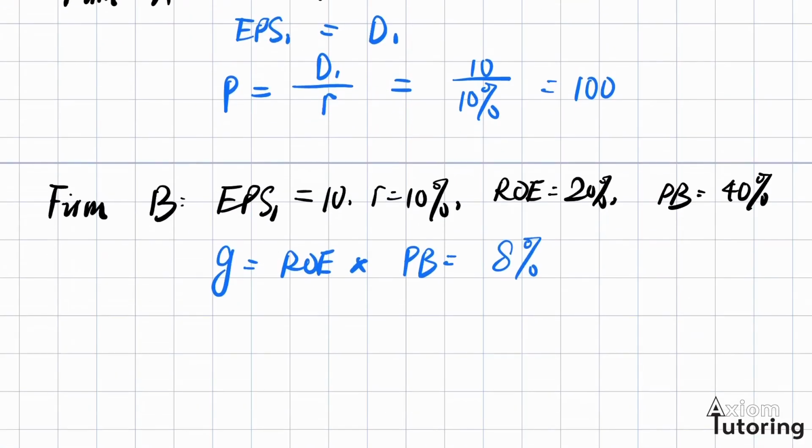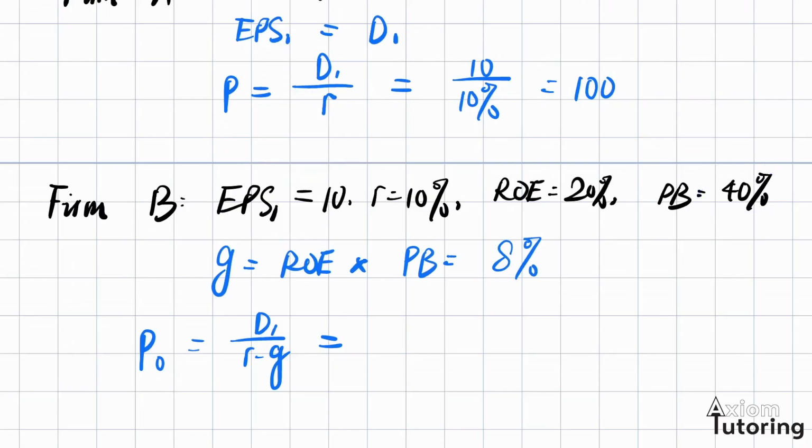Let's put a price on this firm. The price is going to be D1 divided by R minus G here. But be careful, the D1 here is not the same as the previous one. It's no longer 10 because we're reinvesting some of these earnings. We're only giving out 1 minus 40% as the dividend.